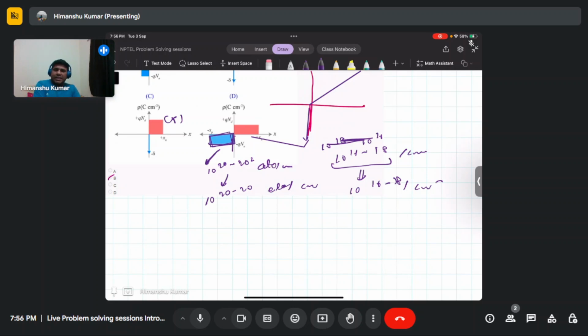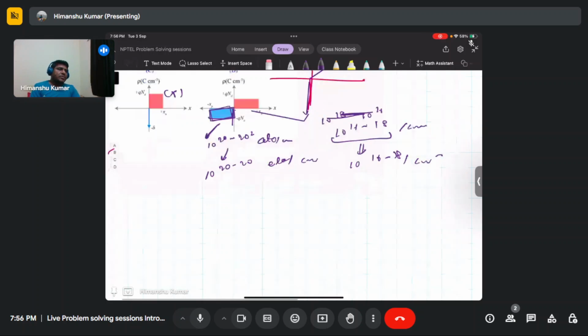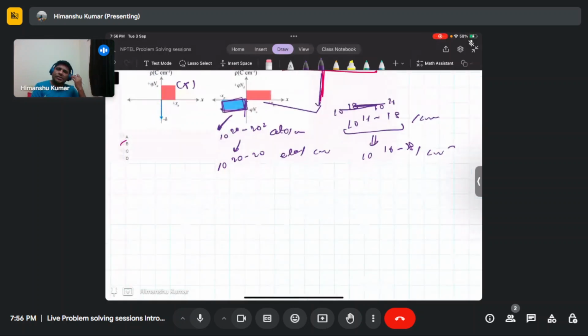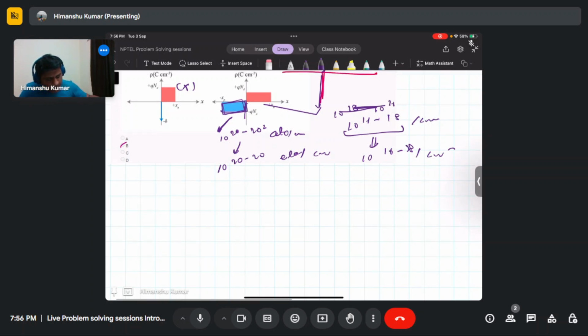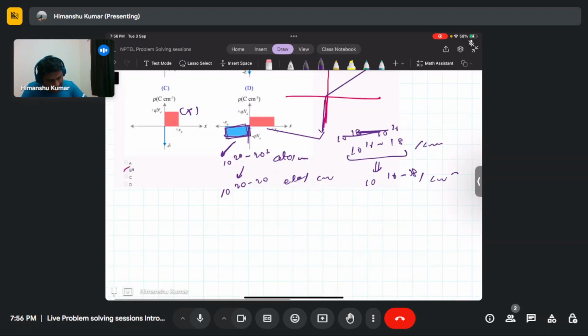In some technologies, like the polysilicon gate and self-aligned gate technologies, because the gate uses heavily doped polysilicon, there is some depletion even in the gate region. So you need to consider those kinds of scenarios separately. So the correct answer will be option B.